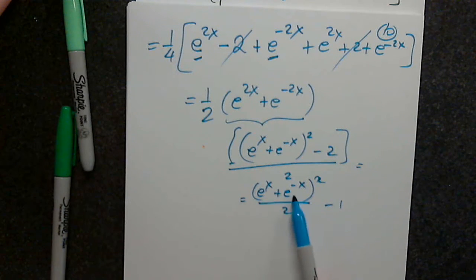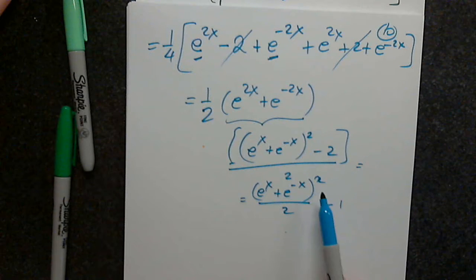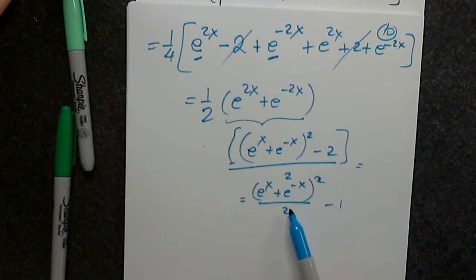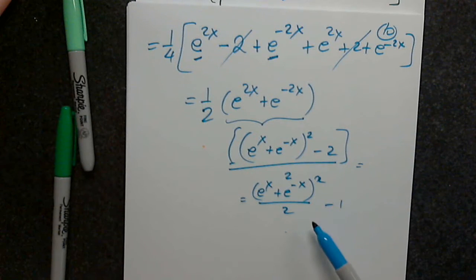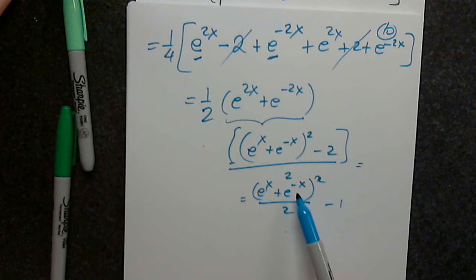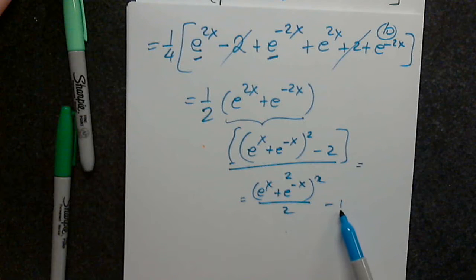And what do I get now? So this is e to the x minus e to negative x squared divided by 2, right? I'm thinking if I can further simplify this somehow. And this is the square root. So this will be cosine squared over 2 minus 1, right?